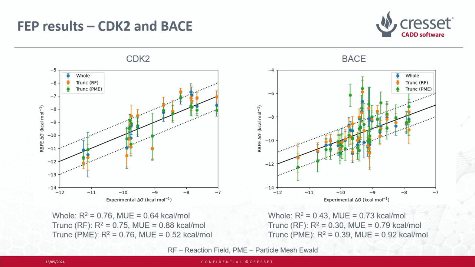Although we don't get exactly the same result when we do the whole protein simulation versus the truncated protein simulation, if you look at the statistics overall, depending on the system, you're seeing maybe a bit of a reduction in R squared, and often a bit of an increase in the MUE, but the MUEs are still fairly good, below 1 kcal per mole.